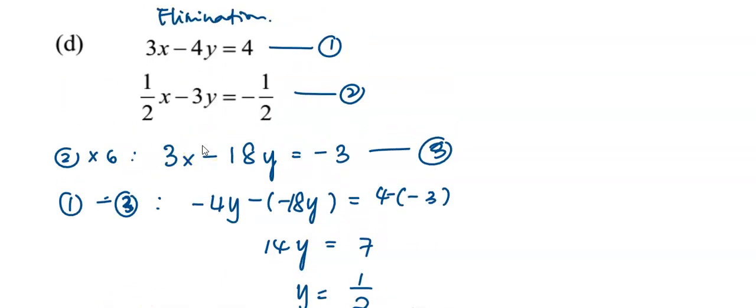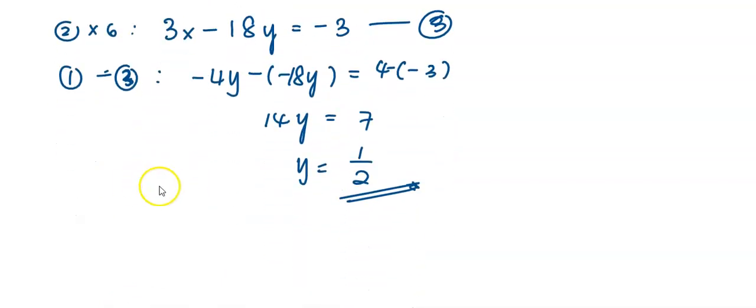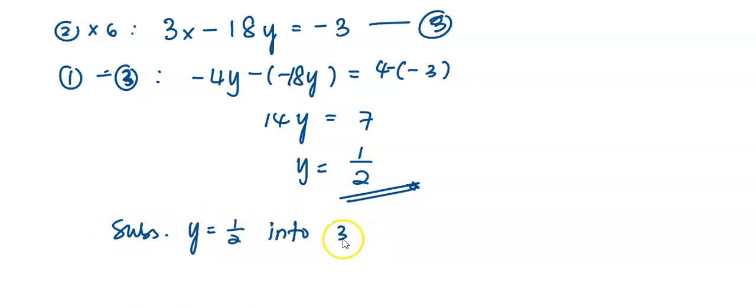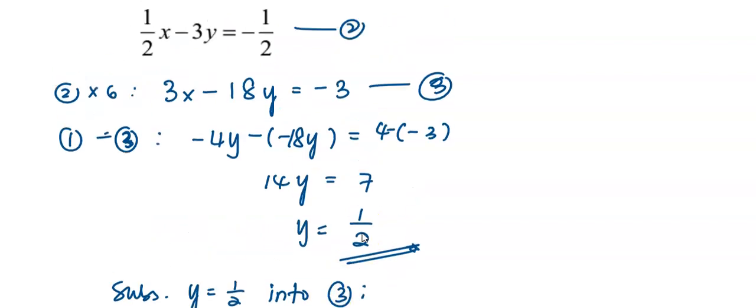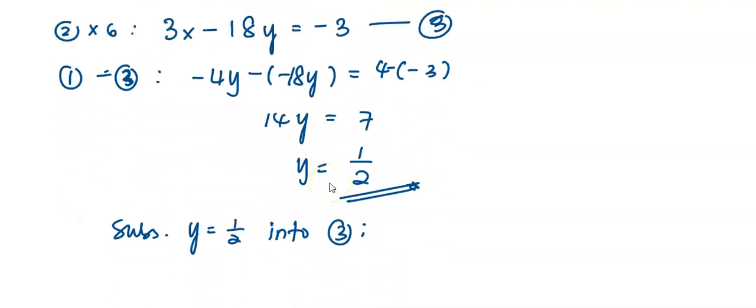Followed by solving for x, you can substitute y equals 1 over 2 into equation 3 if you want, or you may substitute into equation 1 or equation 2, up to you. So if I substitute into my equation 3, I get 3x minus 18y, y needs to be replaced by 1 over 2, equals negative 3.